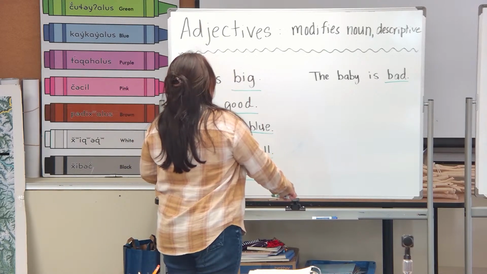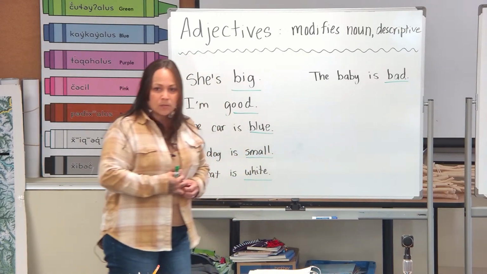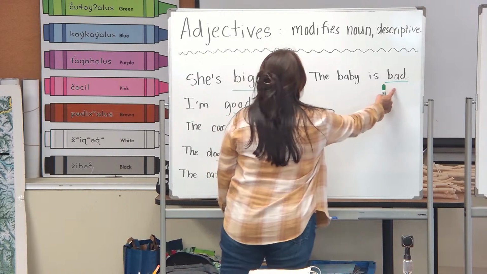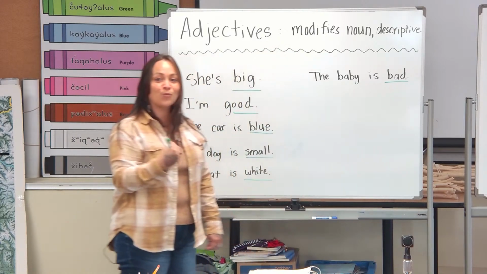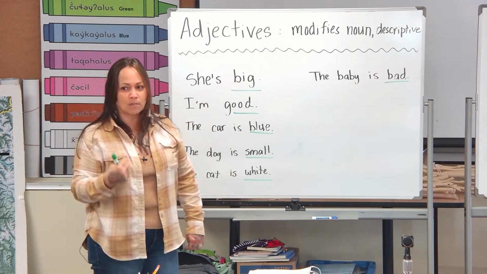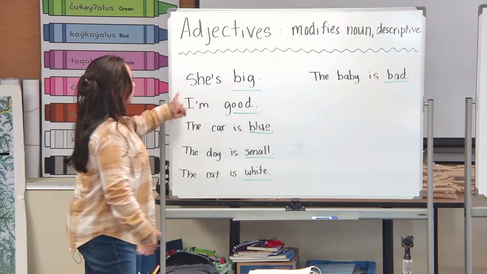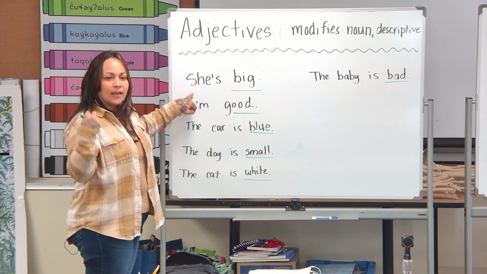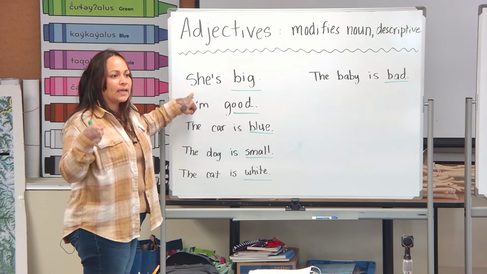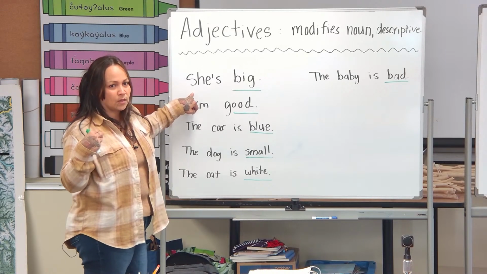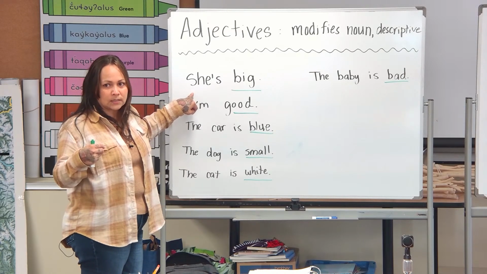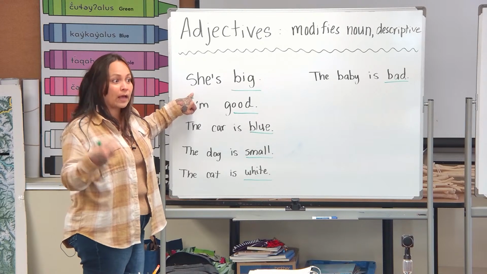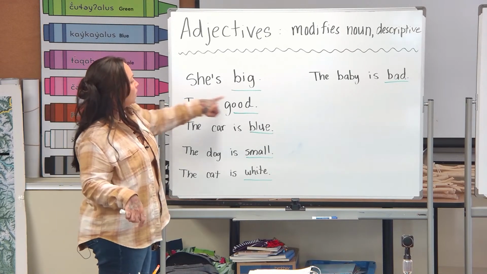So the baby is bad. What is the baby? Bad is the baby, is how we would say it grammatically in Lushootseed. She is big. What is she? Big. She is. This is the thing that has helped me out with describing the grammar: Yoda talk. So how does Yoda talk? Big she is.